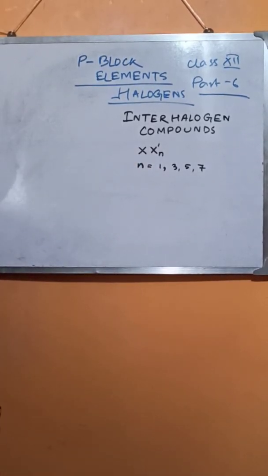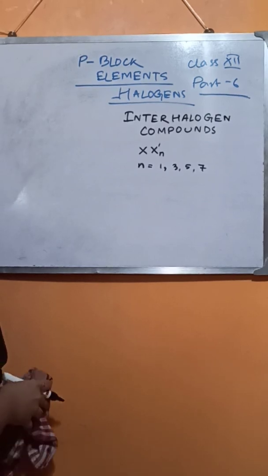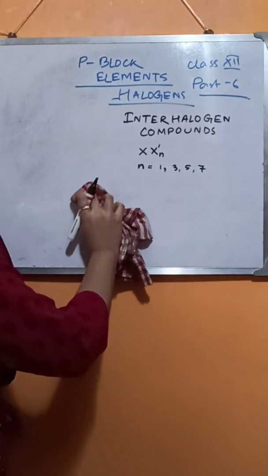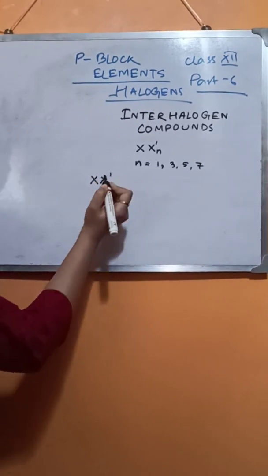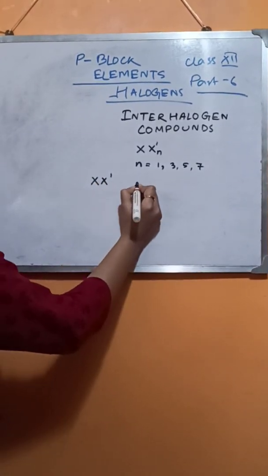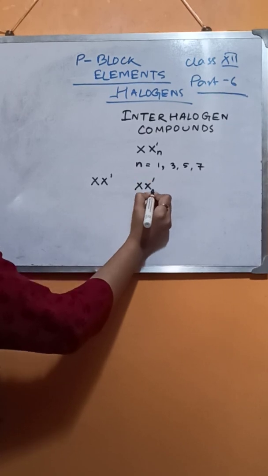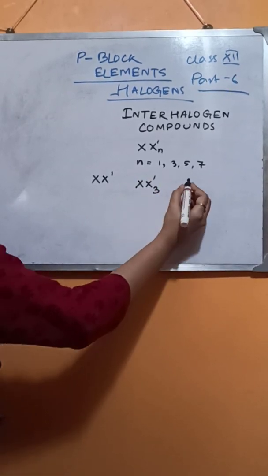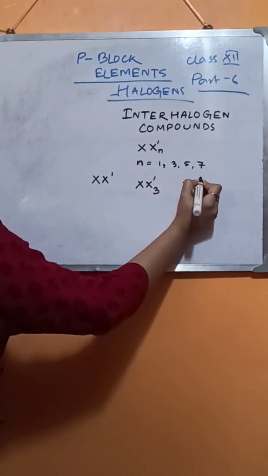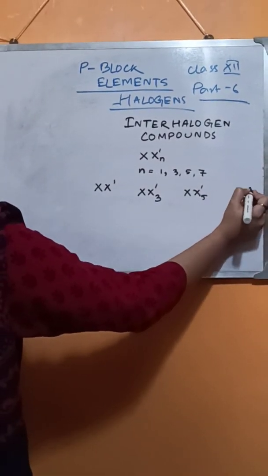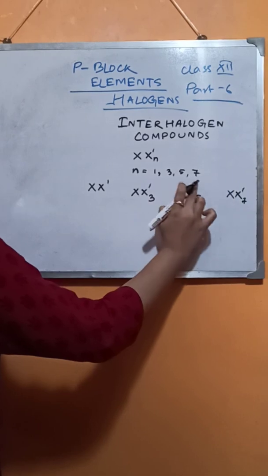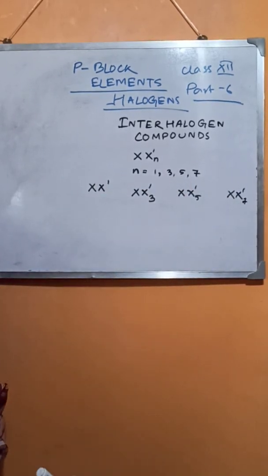Now let's come to the types. I can write like this. XX' where n is 1, XX'3 where n is 3, XX'5 where n is 5, XX'7 where n is 7.